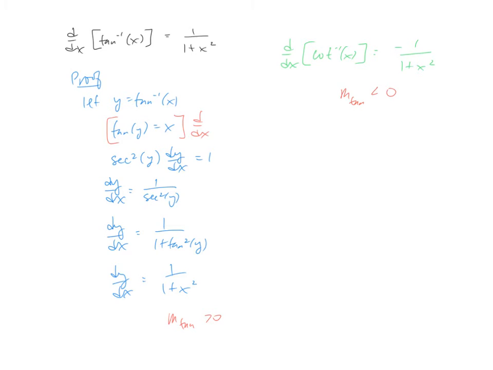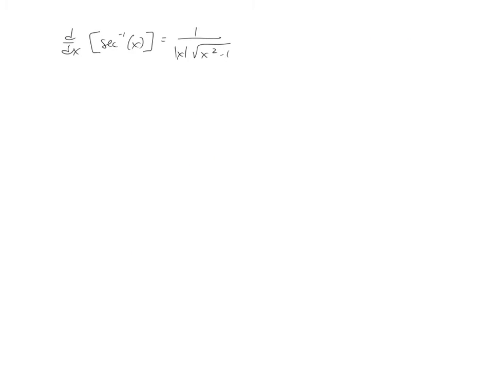All right, and so finally, before we get into some examples, we've got the derivative of the inverse secant, and it's going to be 1 over the absolute value of x times root x squared minus 1. So let's go ahead and prove this one.